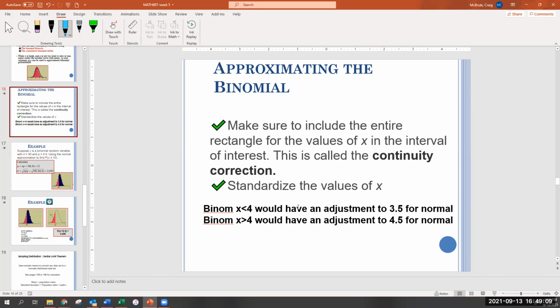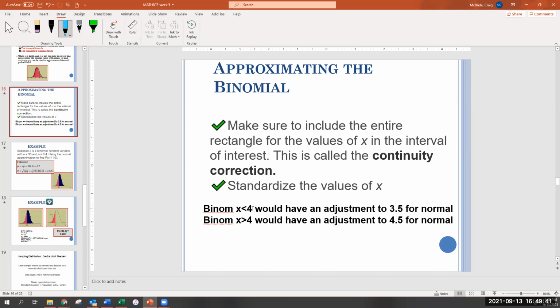So if you're trying to find the probability of being less than 4 in a binomial sense, that means you only want 0 through 3. So you wouldn't set x to be 4 on the continuous spectrum, because then it would count all the area including 4, and you only wanted 3 and below. You also wouldn't want to put x at 3, because that would give you only the area less than 3, and you want it to include 3.